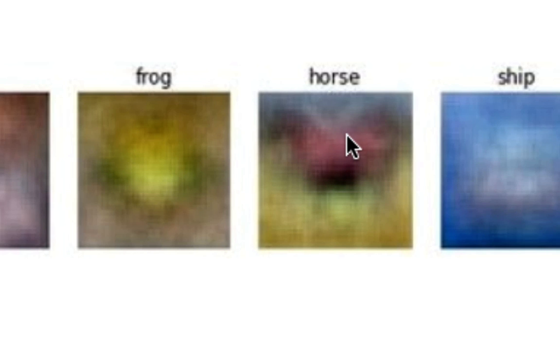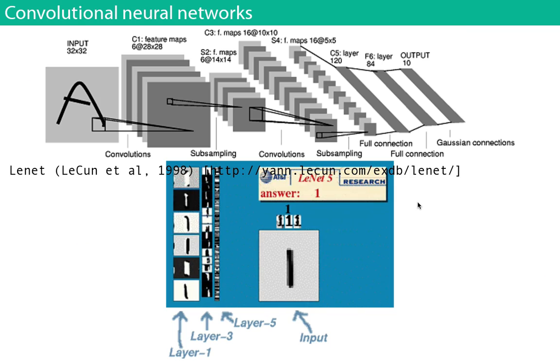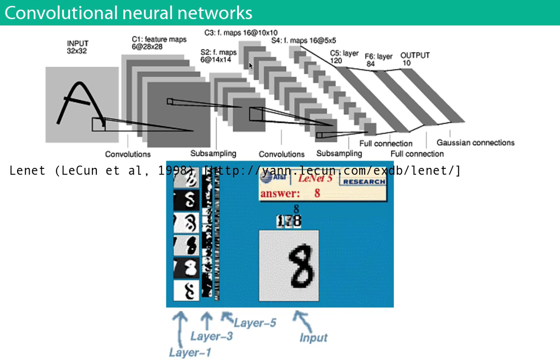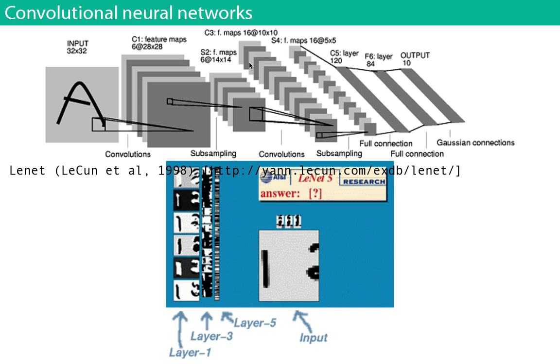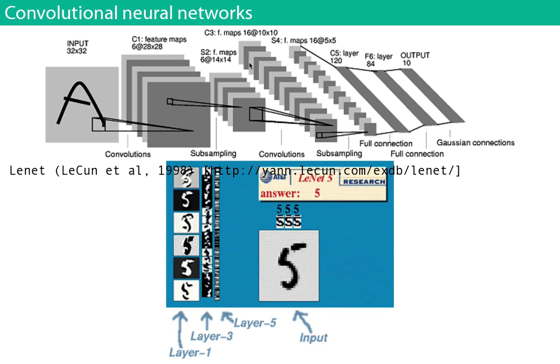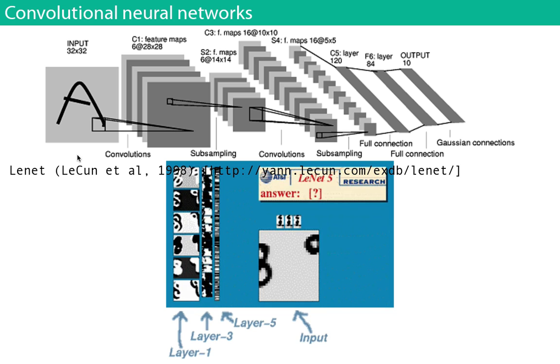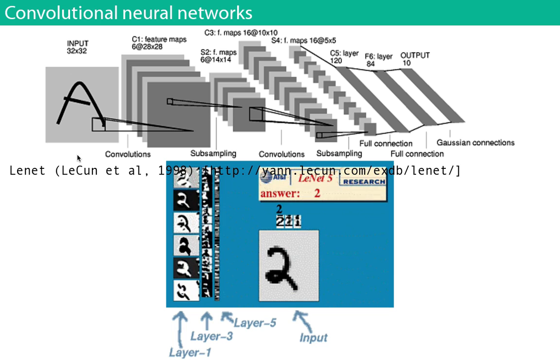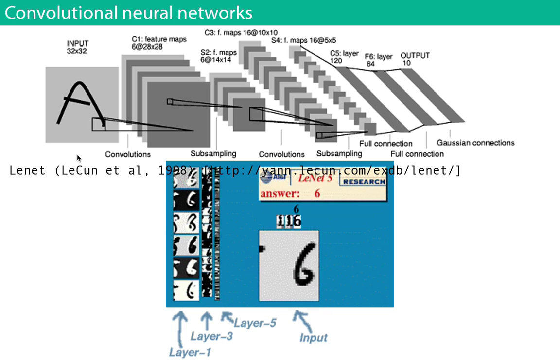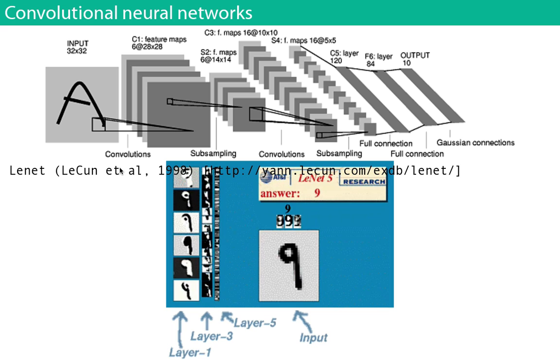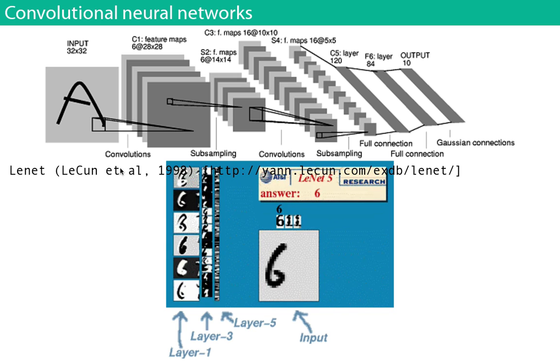But they're still limited in the way that they do this in ordinary neural networks. Convolutional neural networks do something like this, and this is what you'll see if you put it into Google Images. You'll see a lot of results that look like this. This is the original, made by Yann LeCun, who's a professor here at NYU, although nowadays he's much more active at Facebook. He's the head of research at Facebook, a very famous personality in the world of deep learning, which is what this neural network research has recently been called.